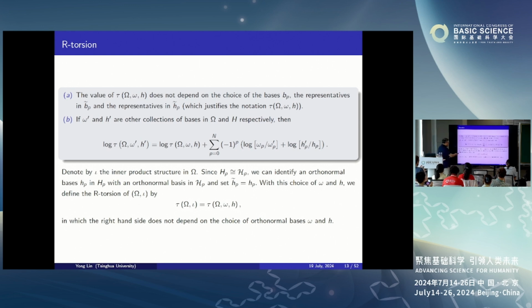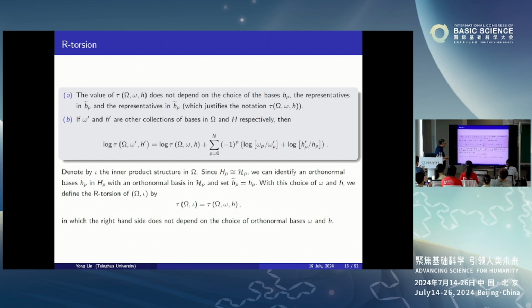So now we choose this HP and omega p both as orthonormal bases. Then this omega p prime and also HP prime are also orthonormal bases, so these determinants are all 1 or minus 1. So this will disappear, and then we can see these two torsions are equal.